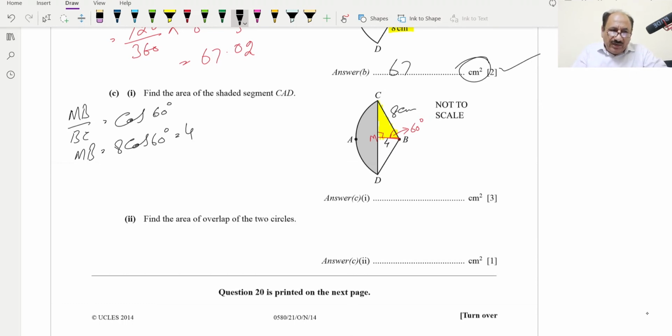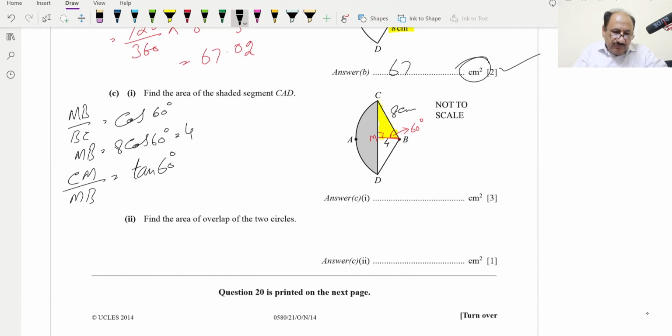Now we can find CM over MB, and this will be equal to tan of 60 degree.